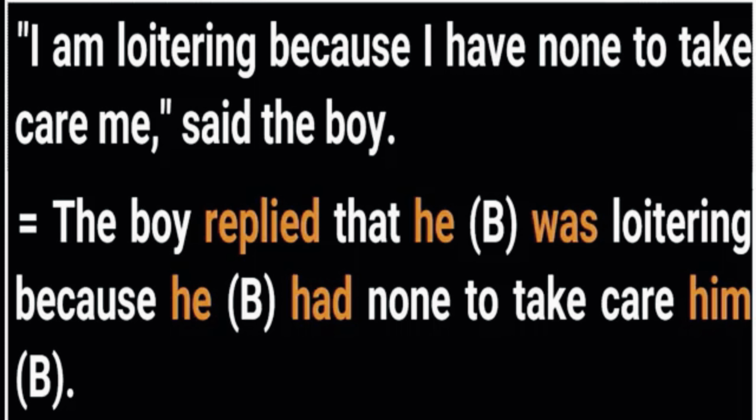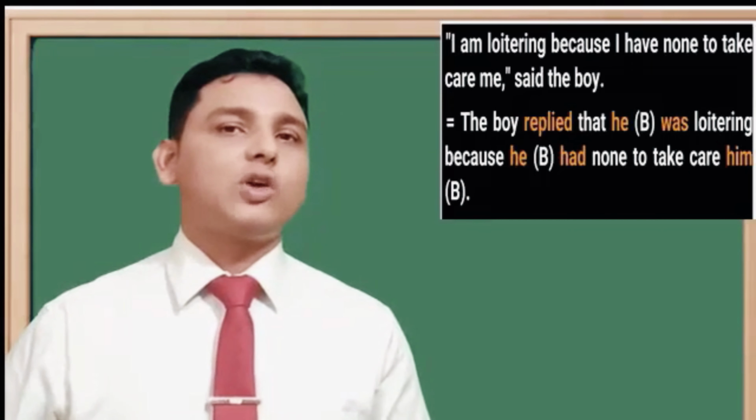Am has been changed into was loitering because I again has been changed into he, and then have had been changed into had, none to take care me. This part has been same. So this is the way we can change of this part of the passage. The boy replied that he was loitering because he had none to take care of him. So in such a way we can solve this part.